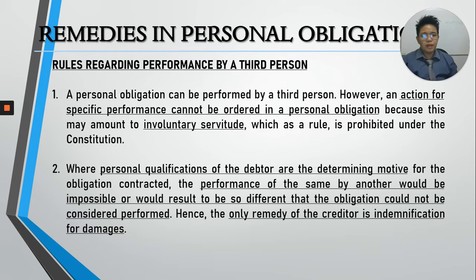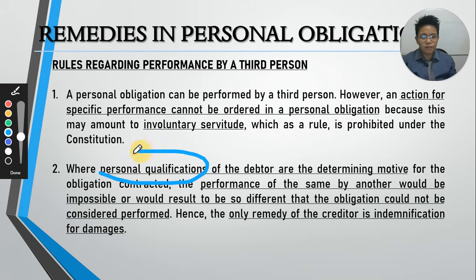So, now, if a third person sings doon sa concert na yun, iba. Kasi, hindi siya kasing galing ni Coco Martin. What else? Remember here, kaya mo kinuha si Coco Martin is because of his personal qualifications. Yun ang determining motive. That is the reason bakit mo siya, napakagaling kasing singer nito eh.